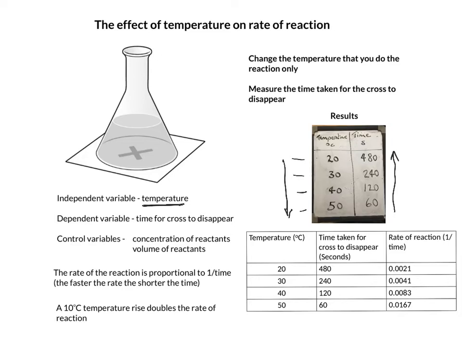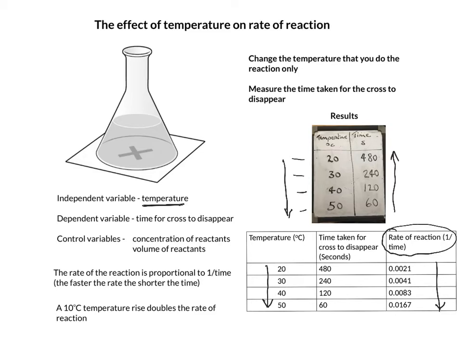So if I calculate 1 over time, then I get a relationship where an increase in temperature increases the rate of the reaction. And that's what we see, we know that temperature does in fact increase rate of reaction, and therefore it decreases the time taken. Now, that's a simple relationship.